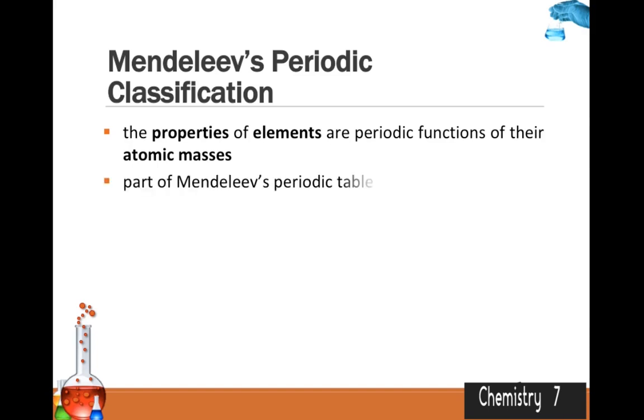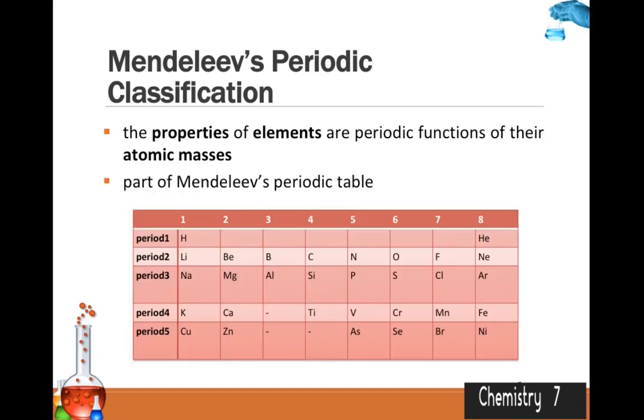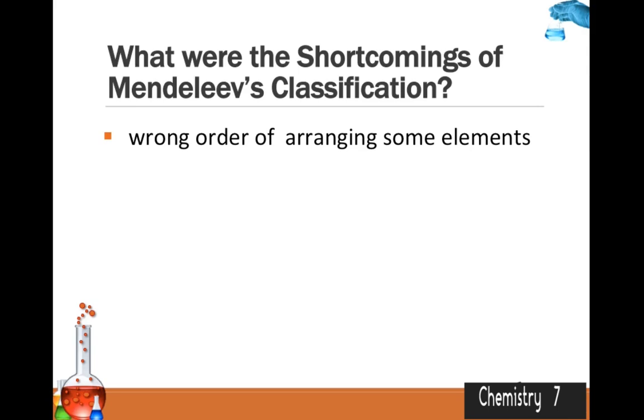Here is part of Mendeleev's periodic table. What were the shortcomings of Mendeleev's classification? Some of his elements were actually in the wrong order, and there was no separate place for isotopes.